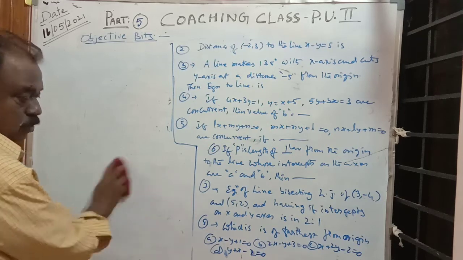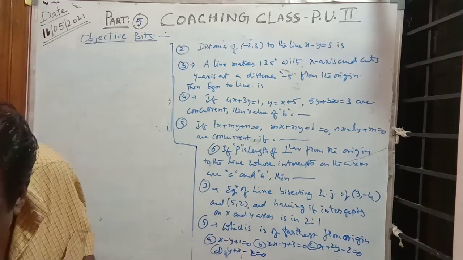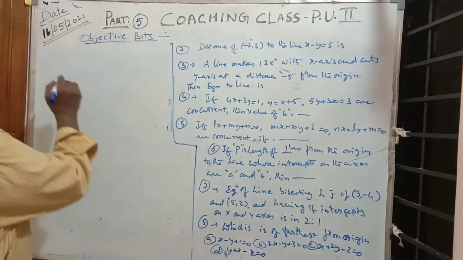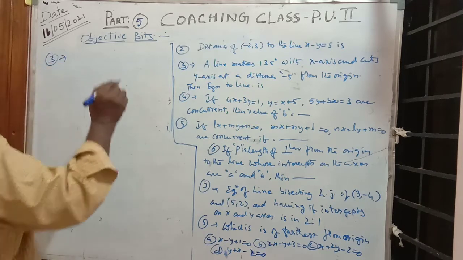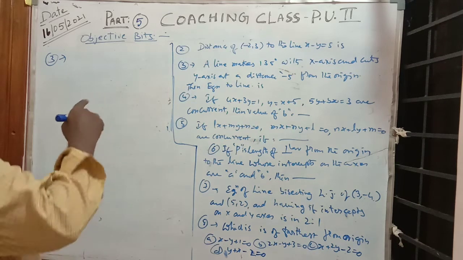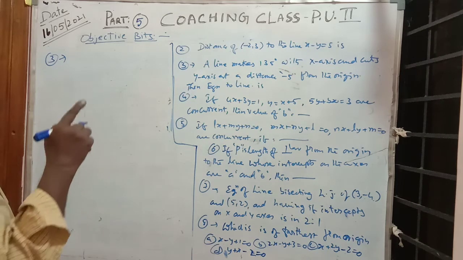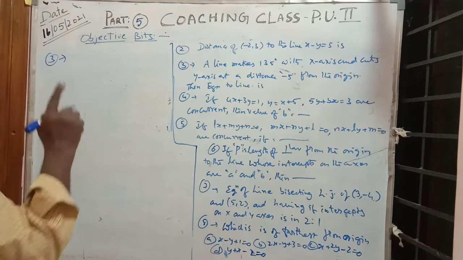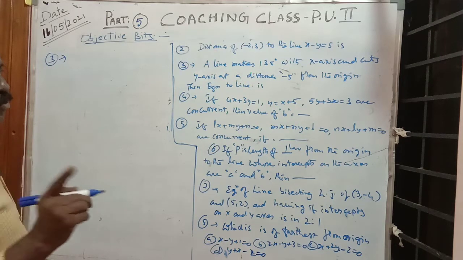Now we'll go to the third problem. That is, let's see, a line makes 135 degrees with the x-axis and cuts the y-axis at a distance 5 units from the origin. This problem is also there in our textbook.